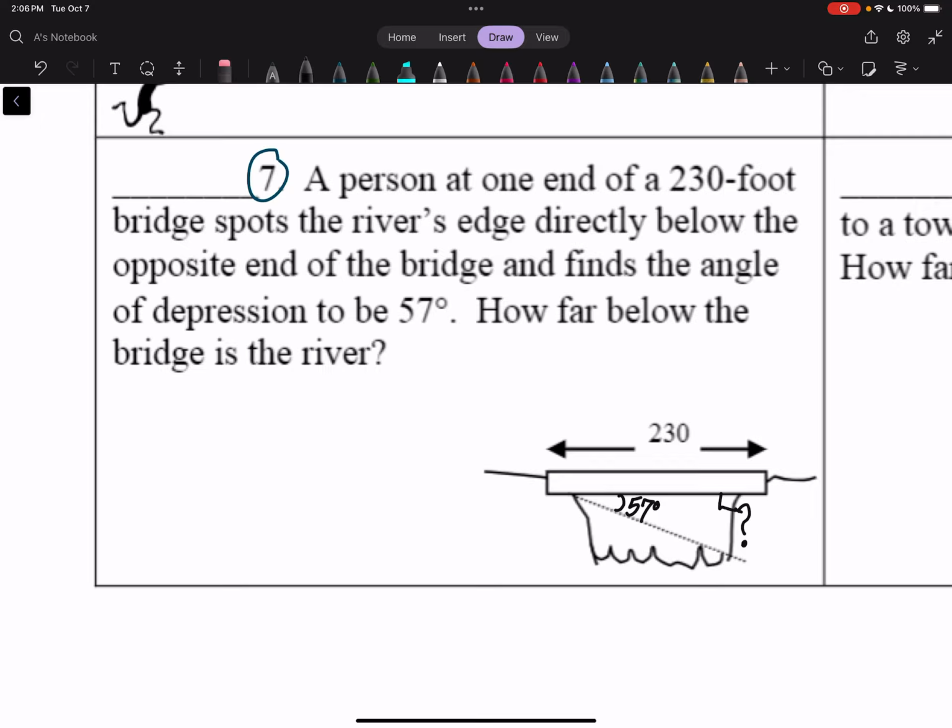Here is my right angle. Tangent of 57 equals opposite, question mark, over my adjacent 230. When you solve this, you're going to get question mark is approximately 354.2 feet.